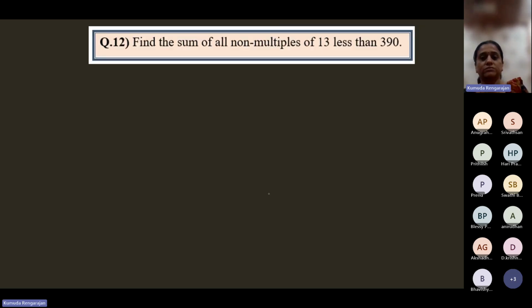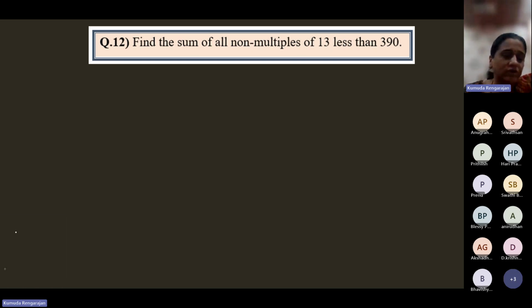Okay, next one. Find the sum of all non-multiples of 13 less than 390. So to find the sum of all the non-multiples of 13, you will have to first find the sum of all the natural numbers less than 390.